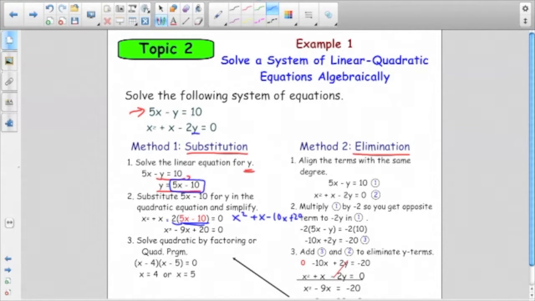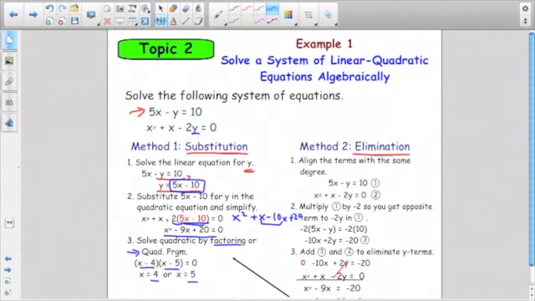Then we just collect these like terms, and that's how we get that. Now we can factor, or you can use your quad program, depending if you want to use technology or you want to use your brain. So we have x plus 4, x minus 5, and then we get its roots.